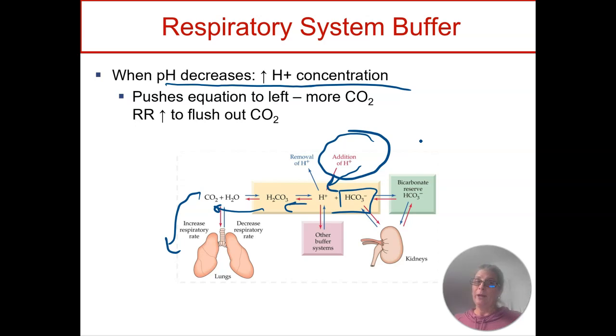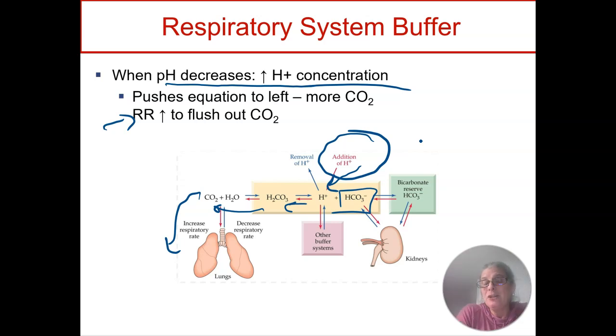So my lungs are going to buffer because they're going to breathe faster and faster to get rid of the CO2. So they're fixing it in this case. So in response to my pH dropping, my respiratory rate goes up to get rid of the CO2.